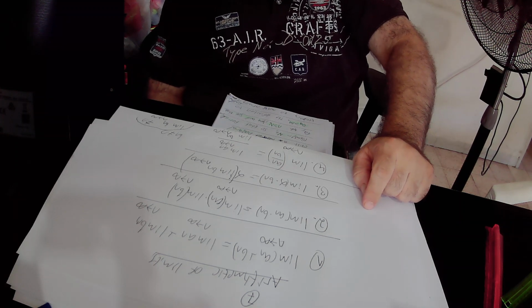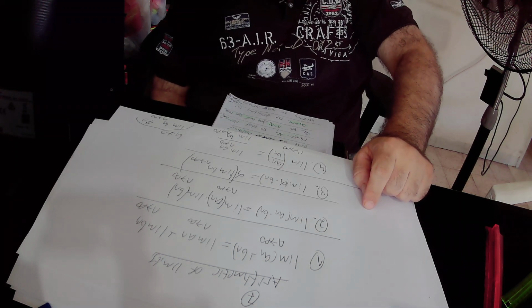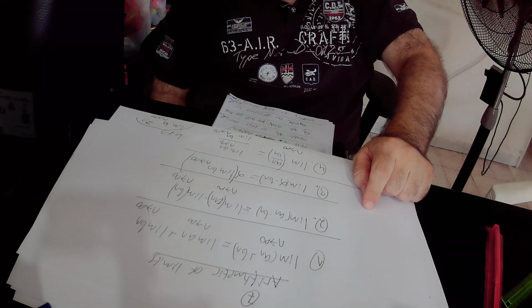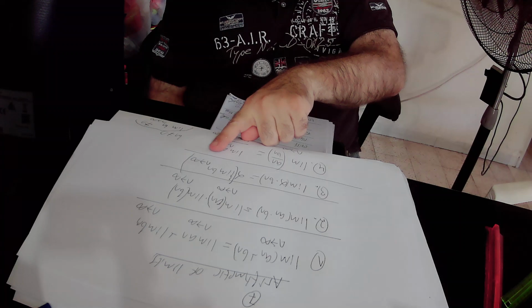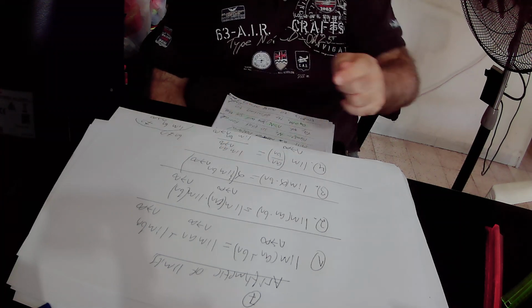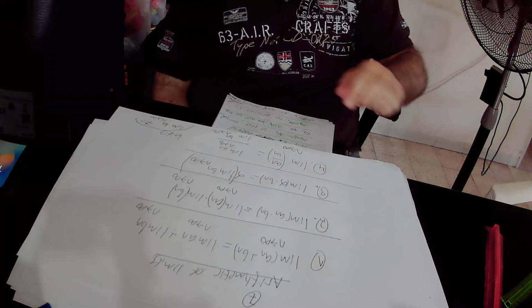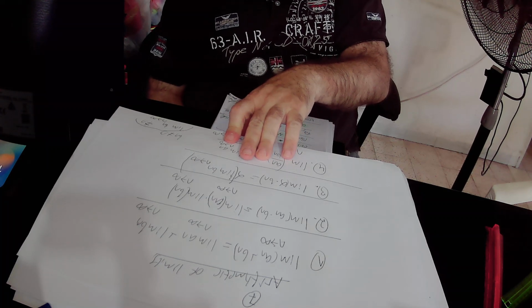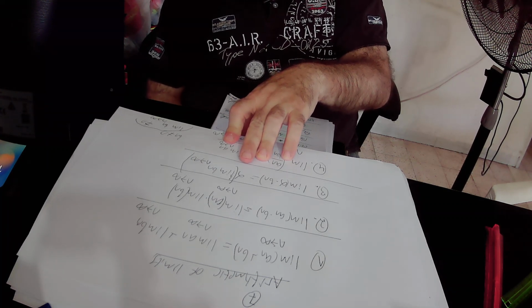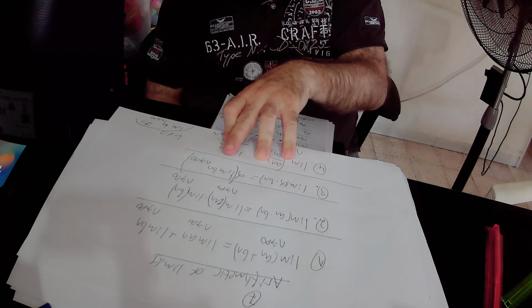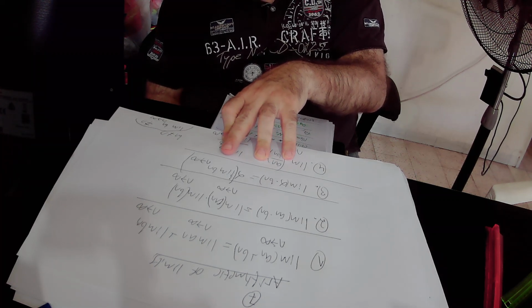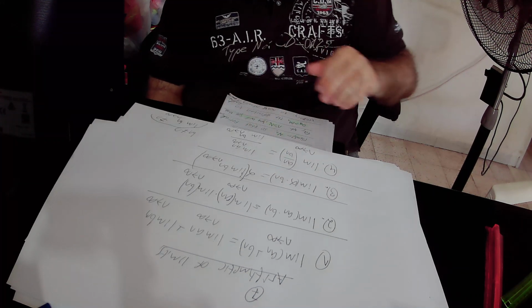Also we know that alpha is a constant number, and rule number 3 states that lim alpha times bn equals alpha times lim bn when n tends to infinity. That is to say, we can take alpha out of the limit, and we can multiply alpha by the limit of bn when n tends to infinity.